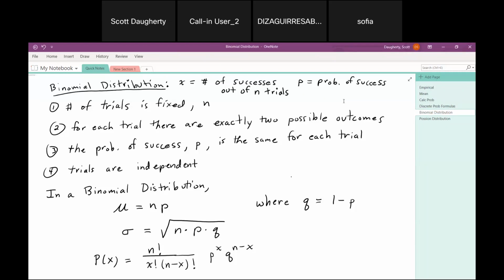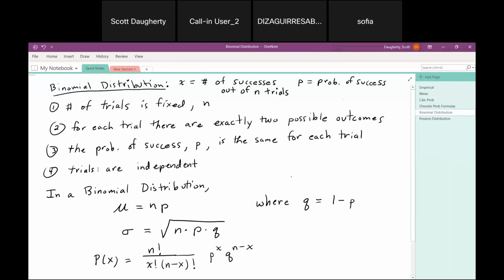By the way, the probability of failure is going to be labeled with a Q, and that's going to be 1 minus P. So for example, let's say the probability of succeeding, P, is 40%, which is 0.4 written as a decimal. The probability of failure would be 60%, which is 1 minus 0.4, that would be 0.6. So Q stands for the probability of failing, whereas P stands for the probability of succeeding. But the probability of succeeding must remain the same every time you run a trial. That's one of the conditions for it to be binomial.